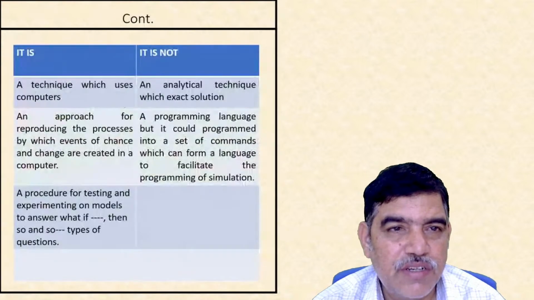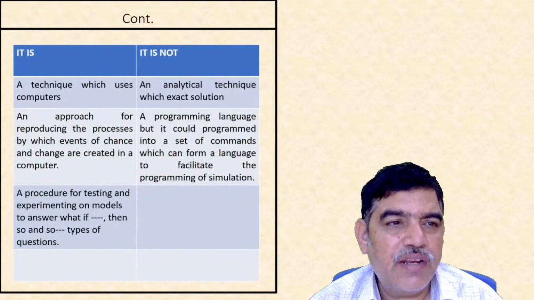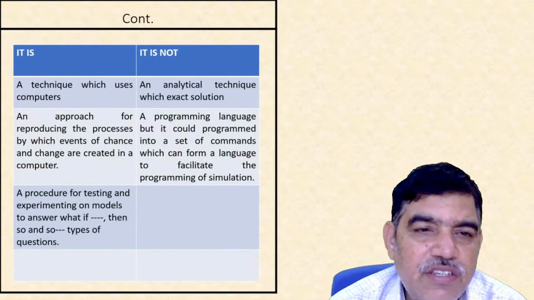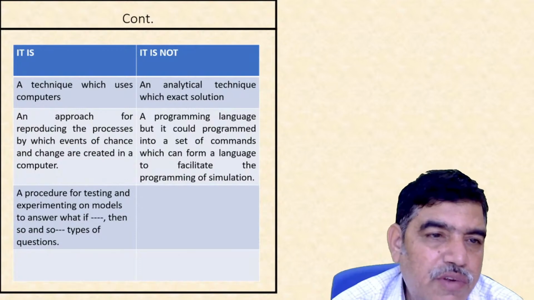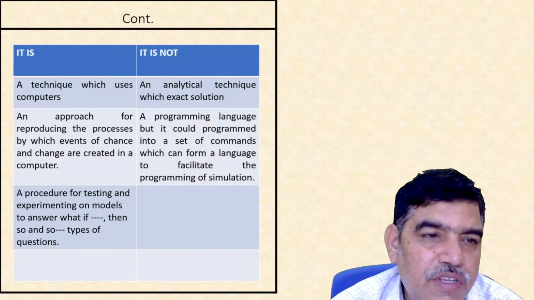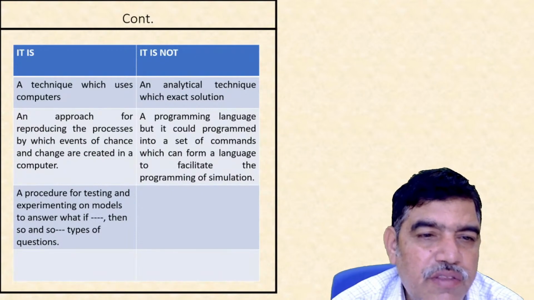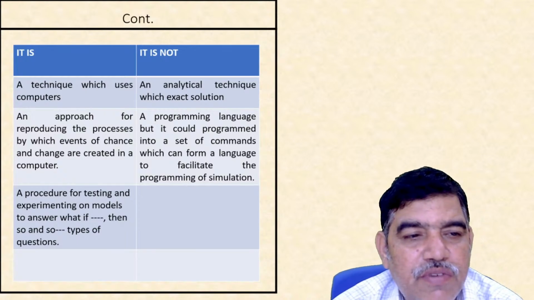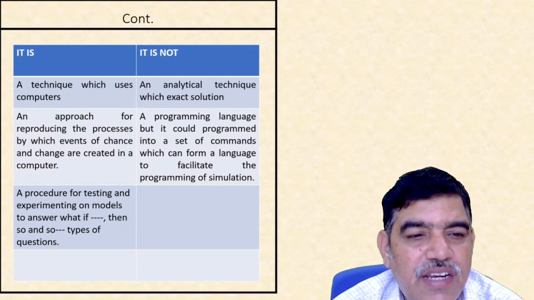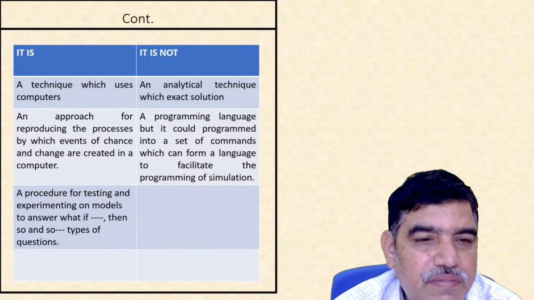That is known as simulation. And what it is and what it is not. So simulation is a technique which uses computers. Simulation is an approach for reproducing the processes by which events of chance and change are created in a computer.